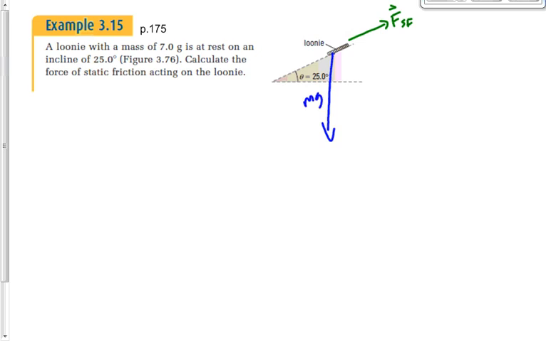We know that we have a normal force acting perpendicular to the ground. And we know our force of the hill is the combined normal force and force of gravity. We know that's 90 degrees, and we know that angle right there is 25.0 degrees. I'm going to draw the force of the hill over here as well. Not two forces of the hill, just one, drawn in two different places.